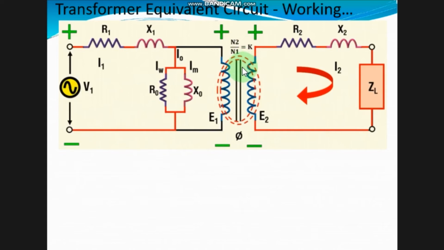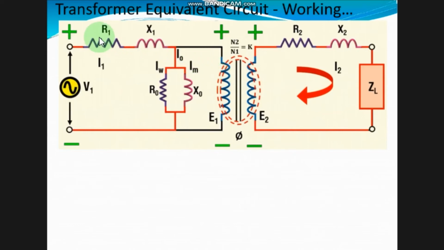So when it comes to the practical transformer, the winding resistances are there, the leakage reactance will be there, some flux will be leaking out, and then core losses like hysteresis loss and eddy current loss will be there, and also it will consume some energy to initialize the magnetic field. For that we need a certain amount of current.